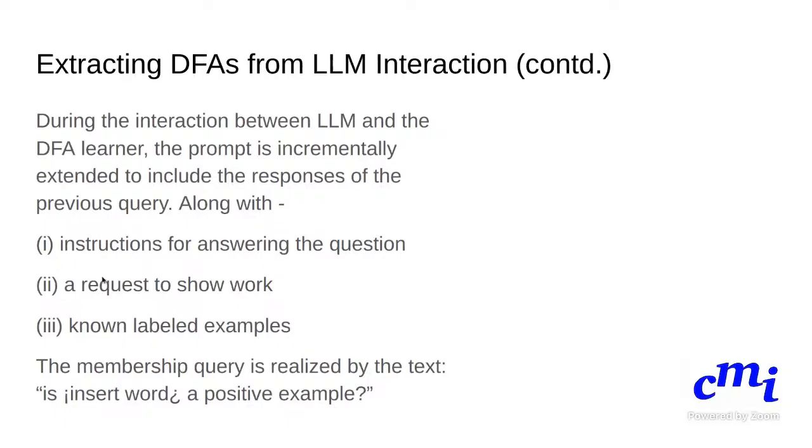It gives the instruction for how it wants the question answered, it requests to show work, and it also gives known labeled examples because we have the liberty of knowing what the positive and negative examples are, and the membership query asks whether the text is a positive example.